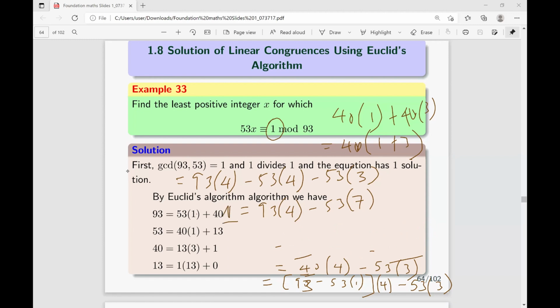It's also what we've been solving. And we found that 1 is equal to this. So that means, therefore, the number which when multiplied by 53 to give you 1 is this -7.